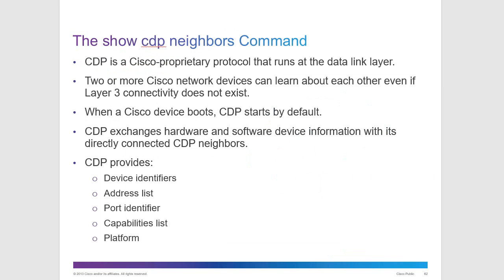Show CDP neighbors we have not discussed. Well, we did in, I think, IPv6, but let's discuss it again. So show CDP neighbors. CDP is Cisco Discovery Protocol. This is something that runs on all of your Cisco devices as they boot up by default.